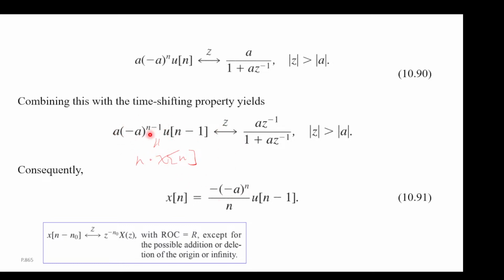This a cancels with this minus 1, and you actually also get an extra minus sign left over, so it becomes minus times minus a to the n, divided by n, and u of n minus 1. Any question about this example?